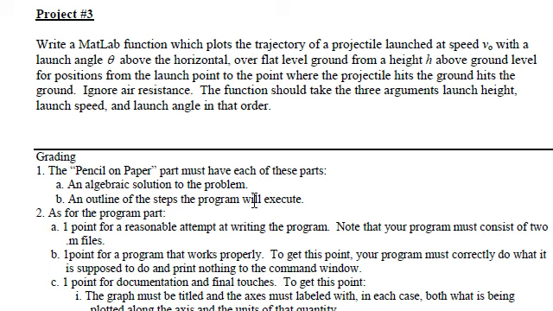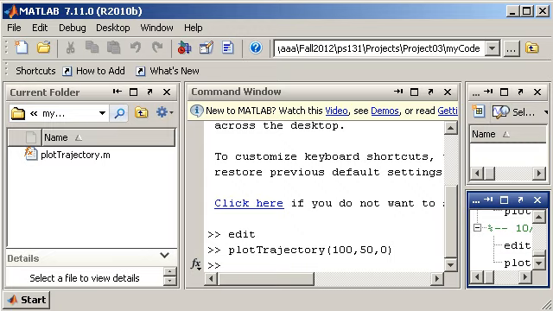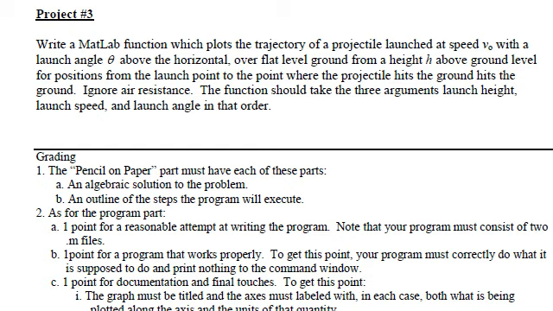Okay, algebraic solution and outline. Check. As for the program, a point for a reasonable attempt, I hope I got that. One point if it works right. It seems to do that. Nothing extra to the command window. Excellent.